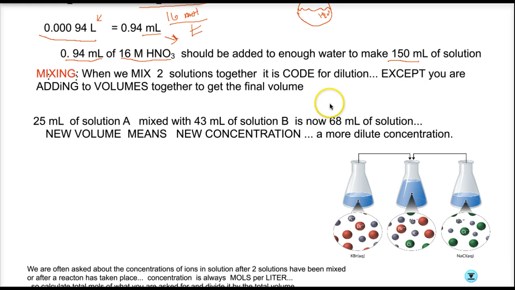In this case, the volume is new. You're going to have a new and different volume because you're adding two solutions together. If you look at this diagram, we have this much potassium bromide. This is soluble. Notice that this is potassium floating around, and this is bromide floating around.